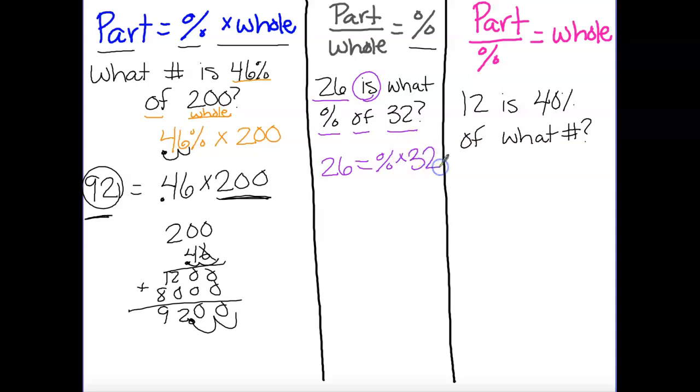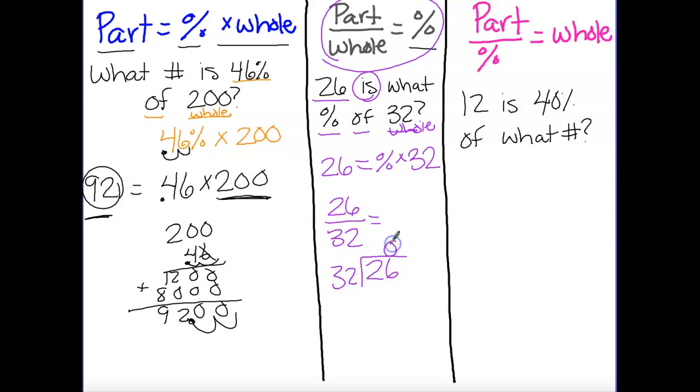And 32 is our whole because it comes after the word of. That's using our percent equation, but we're going to rewrite it so that it looks like this up top. We have my part, which is 26, divided by my whole, which is 32. I would take 26 and divide by 32.